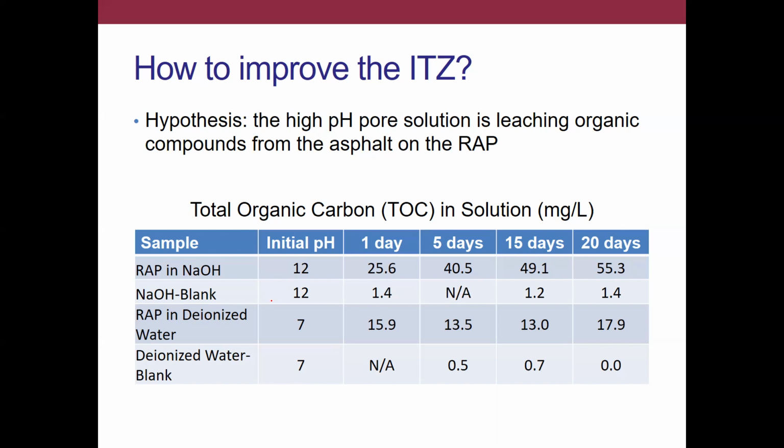So in the immediate environment around the ITZ, if we're getting a leaching of some organic compounds from the RAP, that may just stay in the region of the ITZ and affect the cement hydration in that localized region, right? And if it is indeed delaying or retarding cement hydration, that might be why we're seeing such a high porosity. But again, we have more data that we'll be publishing on this in the coming months.